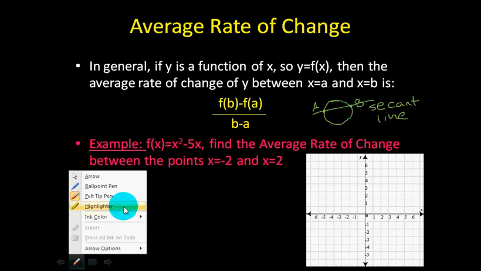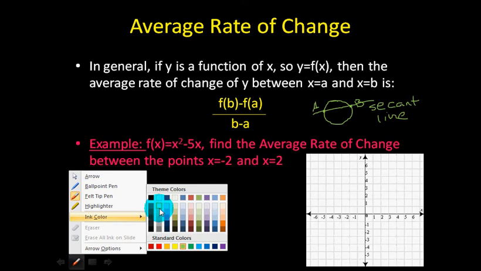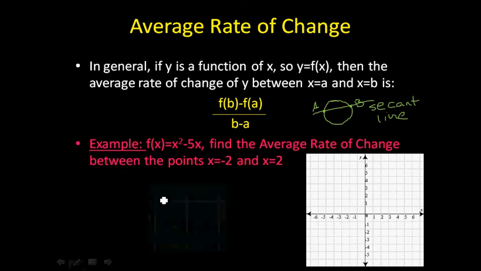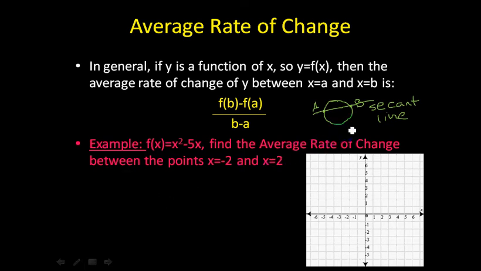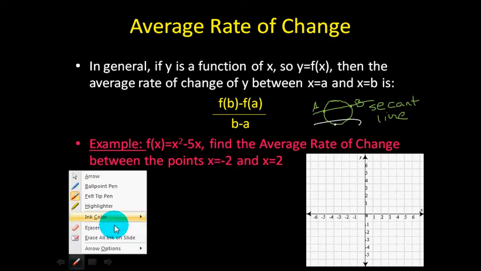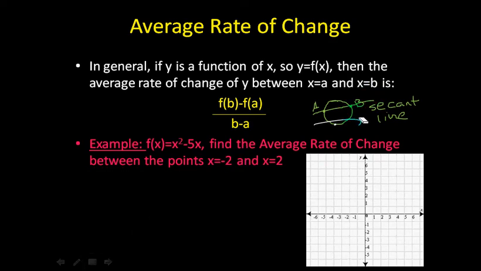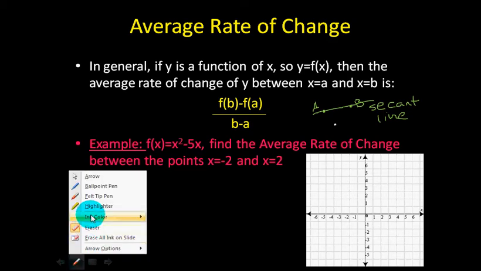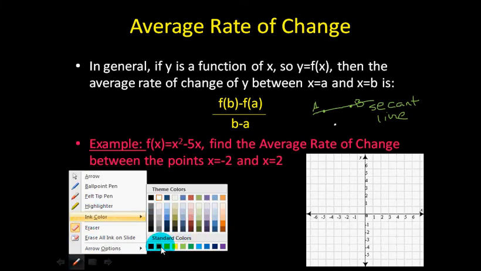Now this is not involved in average rate of change, but for the next lesson when we get involved with instantaneous rate of change, we will be talking about tangent lines. So that is where you have 1 point on the circle.